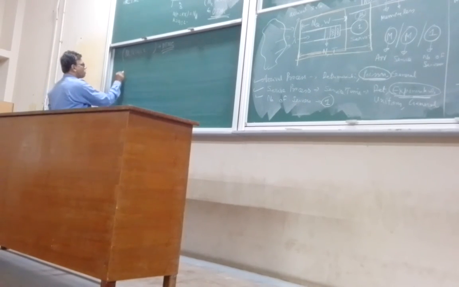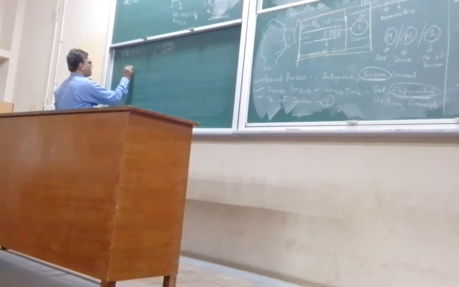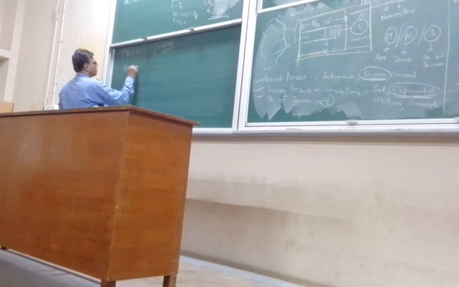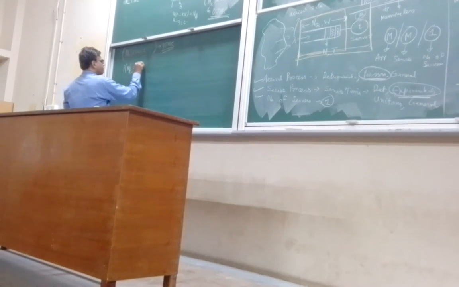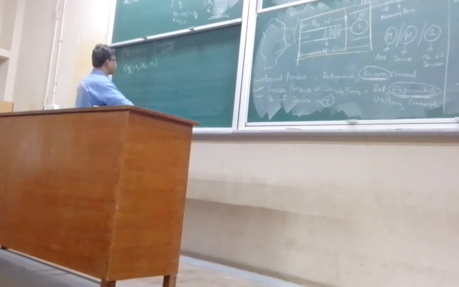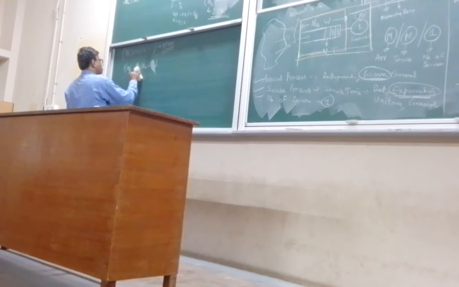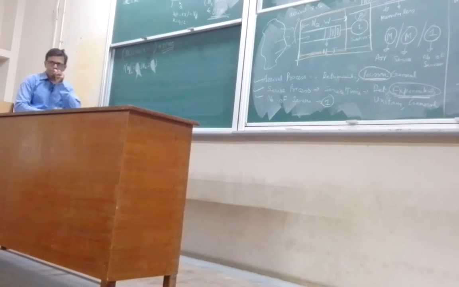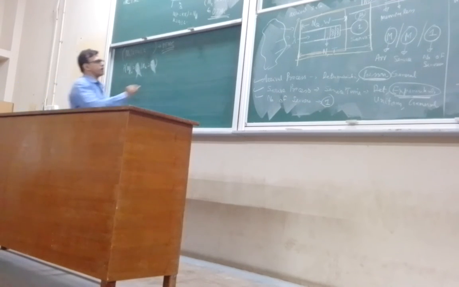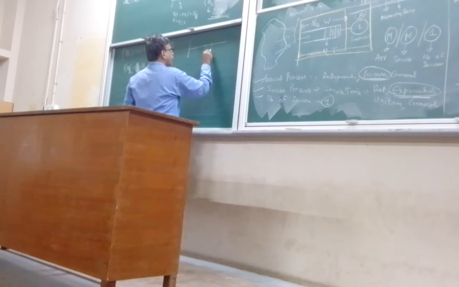In particular, what we are going to look at is the probability that n at the time... Let's look at this one. That is, at a particular time step k, you have n of t is i.